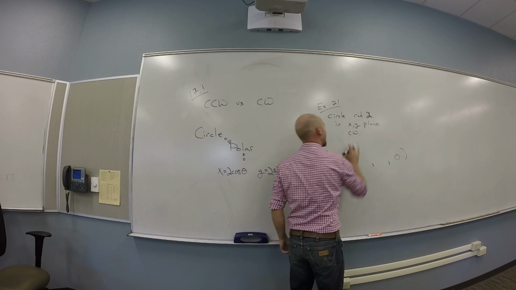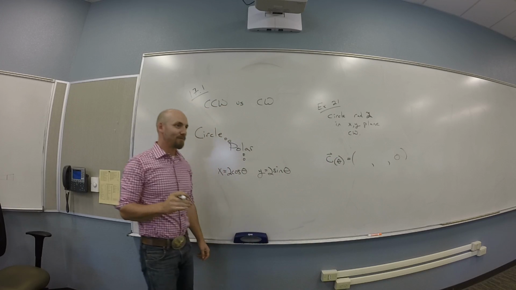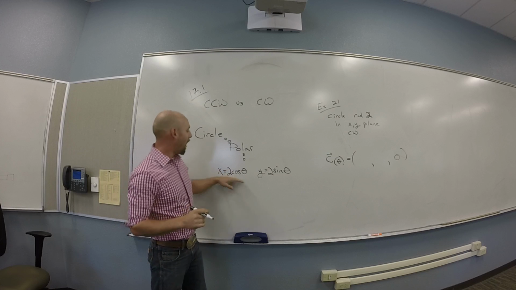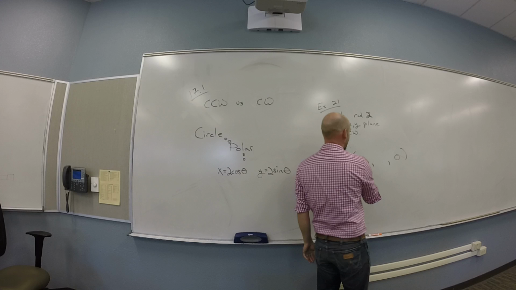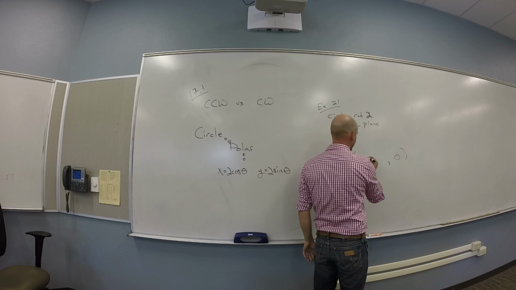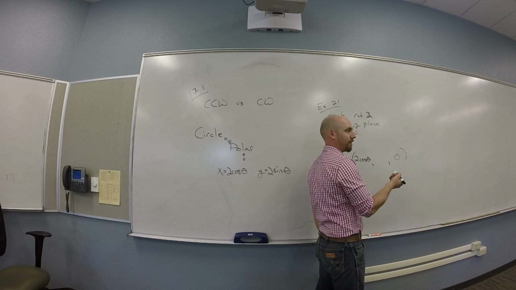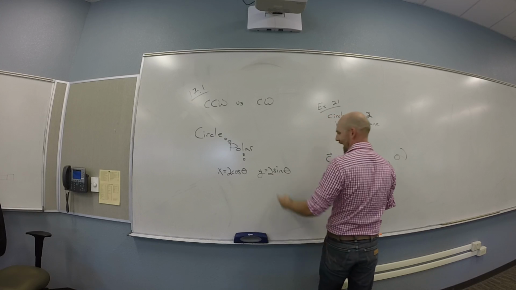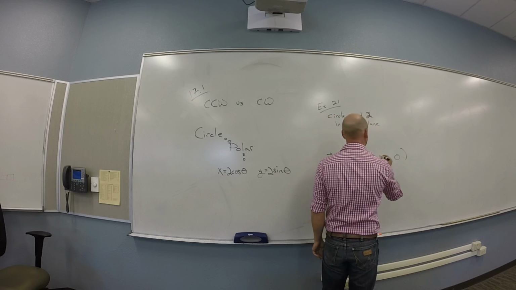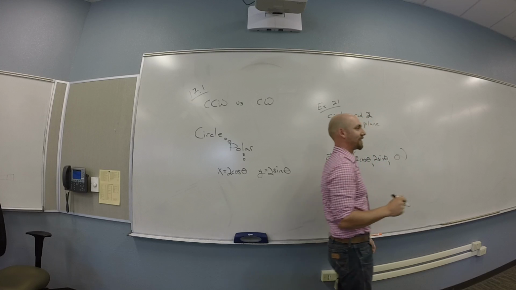Okay, good. So now that we've actually got the problem written up there, x is 2 cosine theta, right? This is a first shot. And y is 2 sine theta, right?